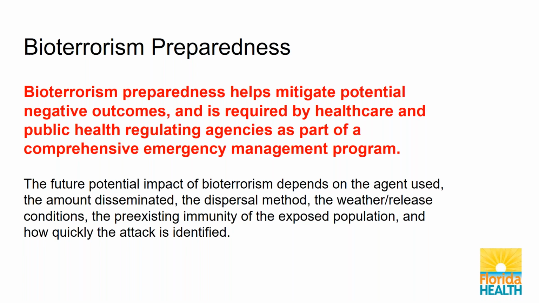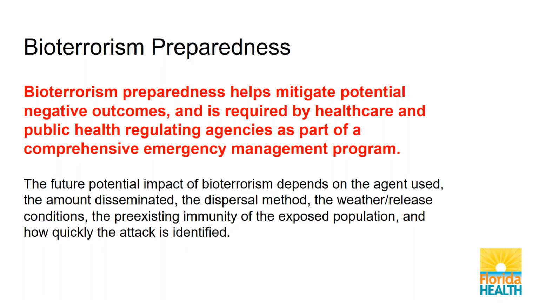So, the future potential impact of bioterrorism depends on the agent that is used, the amount that's disseminated, the dispersal method, the weather and release conditions, the pre-existing immunity of the exposed population, and how quickly the attack is identified. A way they could ask you about the potential impacts of bioterrorism is they can put different types of answers and tell you which one could be a potential impact, right?